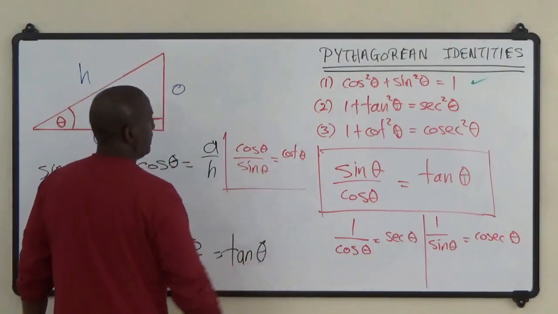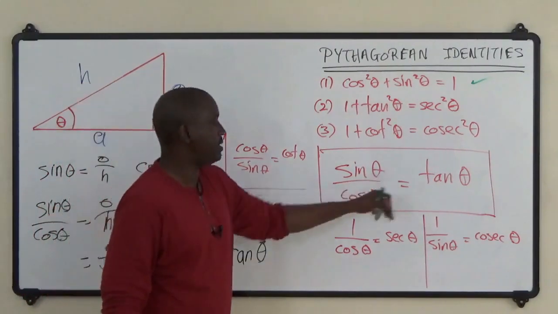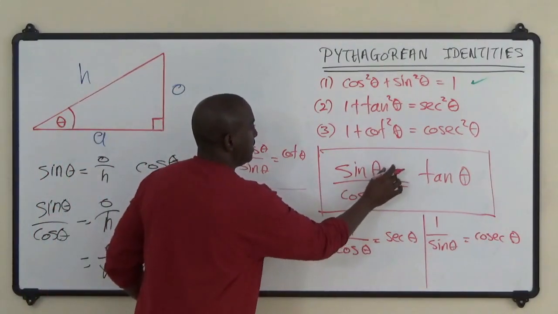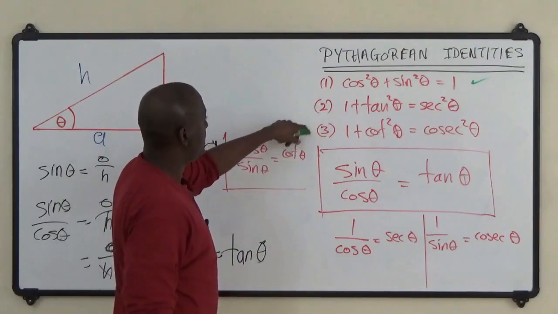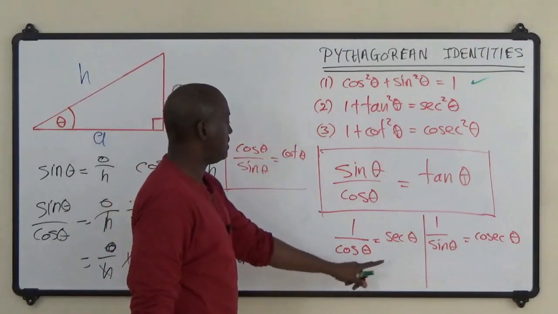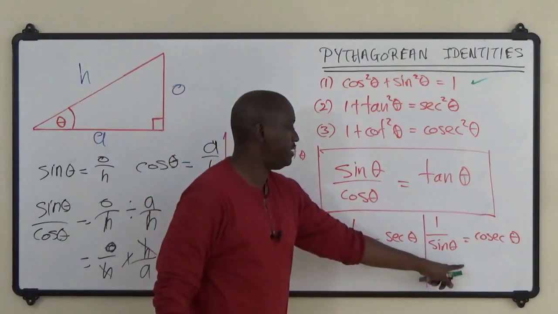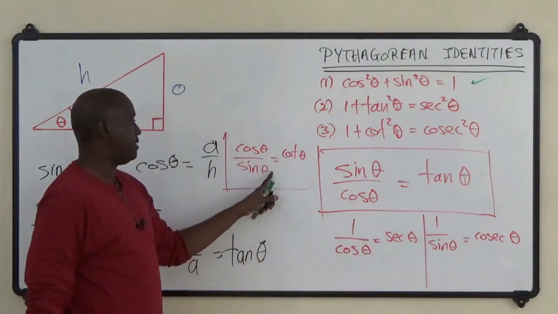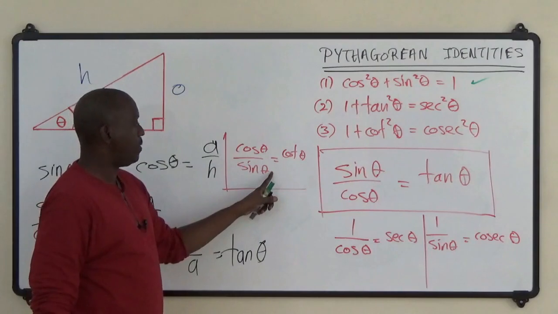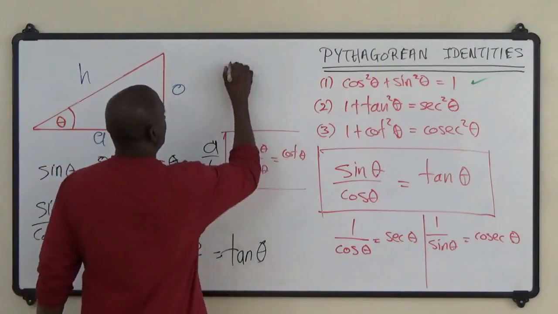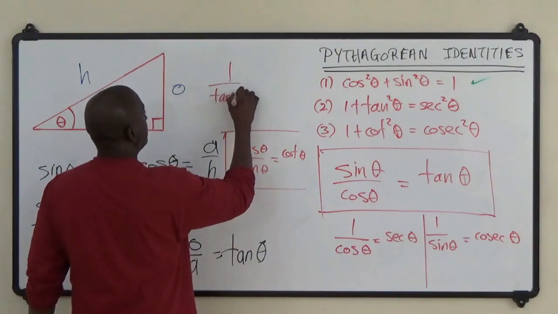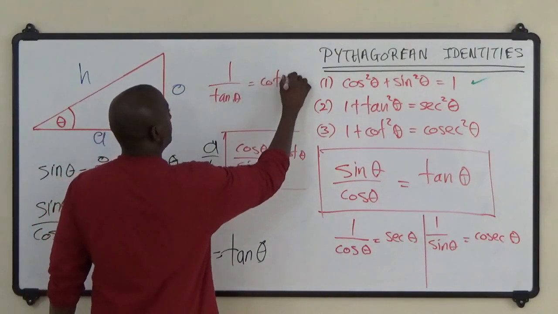All right? Yeah. This is the main one, of course. This guy and this guy. But between this guy and this guy, you'll have to interact with these two, which means that you need to know this, you need to know that, and you also need to know that. Well, 1 over tan is cot. Right. So 1 over tan theta is equal to cot theta.